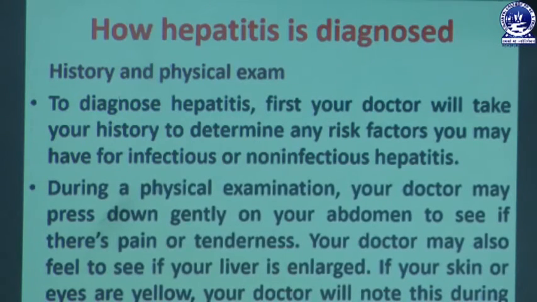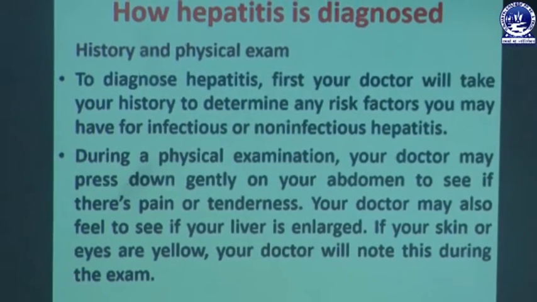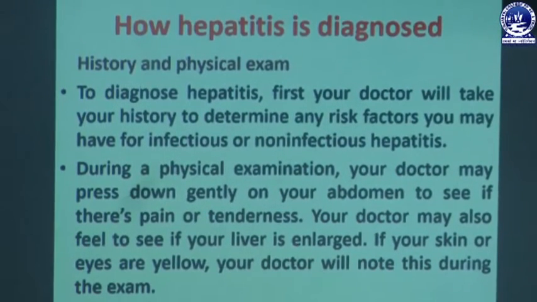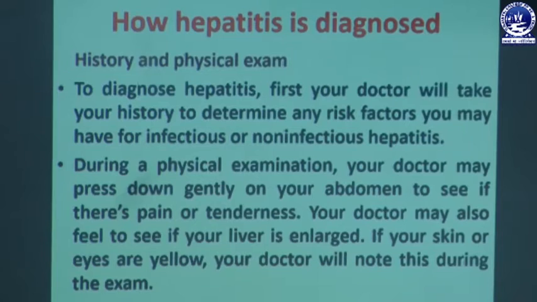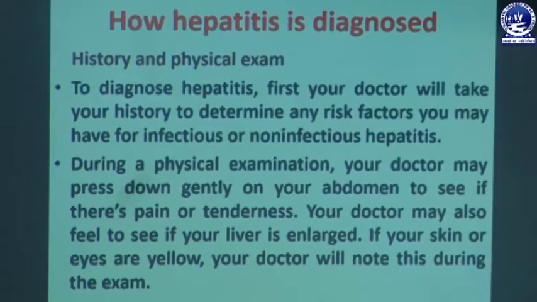During a physical examination, your doctor may press down gently on your abdomen to see if there is pain or tenderness. Your doctor may also feel to see if your liver is enlarged. If your skin or eyes are yellow, your doctor will note this during the exam. Through history and physical exam, the doctor can diagnose whether you are suffering from hepatitis disease or not.